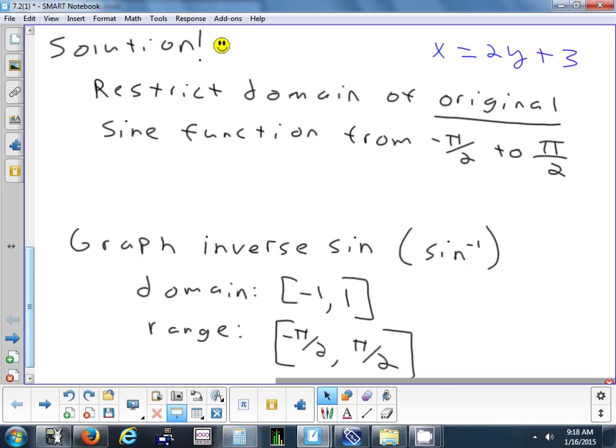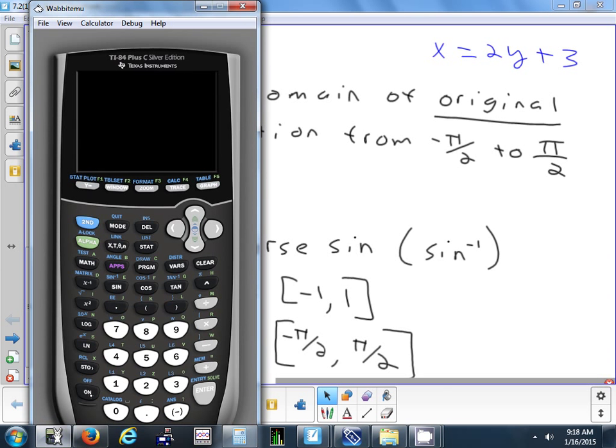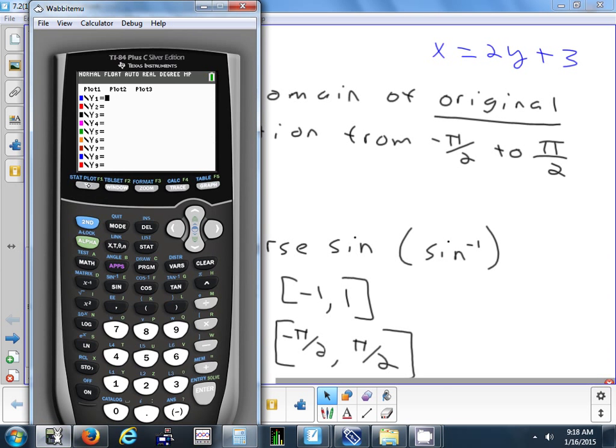So inverse sine is only going to go from negative 1 to 1 left and right. It's only going to go from negative pi over 2 to pi over 2 up and down. Okay, let's take a real quick look at it. So this is not a periodic function. It's not going to have infinity to negative infinity in any direction. It's just going to be a small curve right in the middle of the screen.